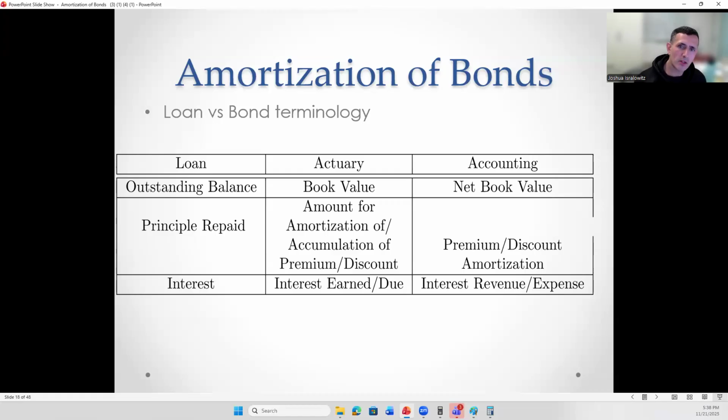It's either the amount for the amortization of premium slash discount, or the amount for the accumulation of premium slash discount. Premium slash discount means depending on if the bond is bought at a premium or a discount.